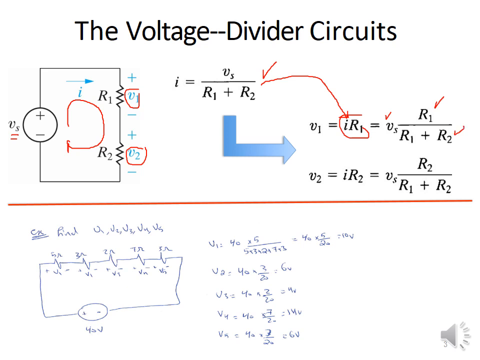Same for V2, which is the voltage drop across R2, and using Ohm's law, it should be equal to I R2. Again, هناخد the value of I ونعوضها here. هتطلع V2 is Vs R2 over R1 plus R2.